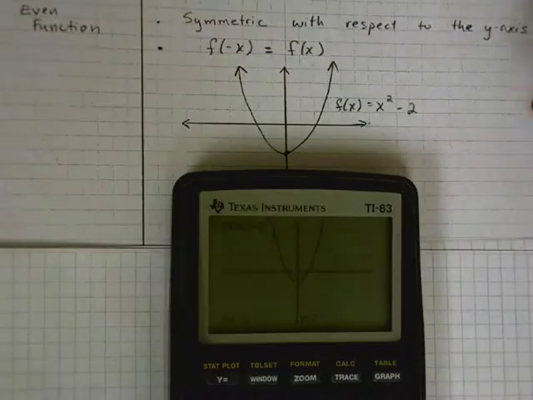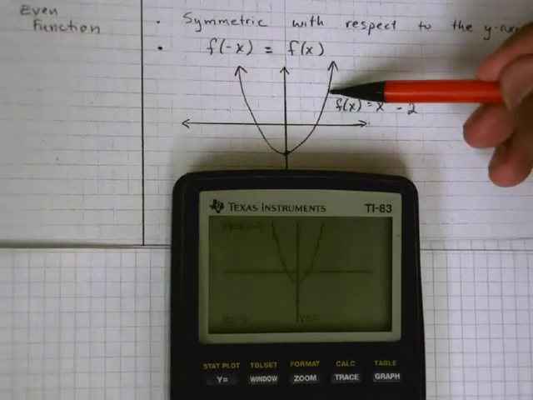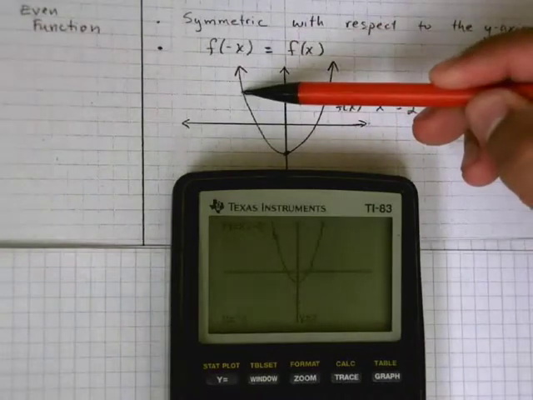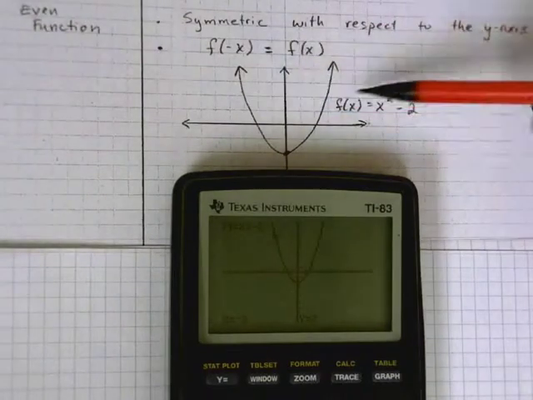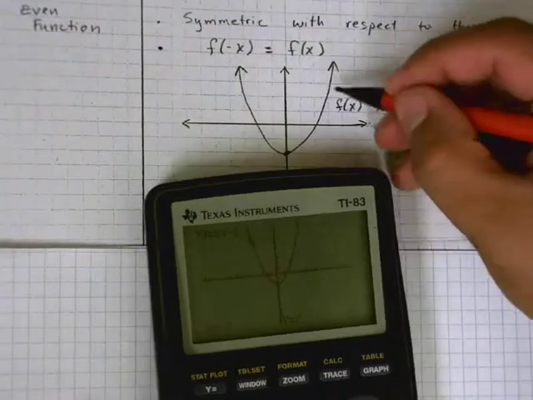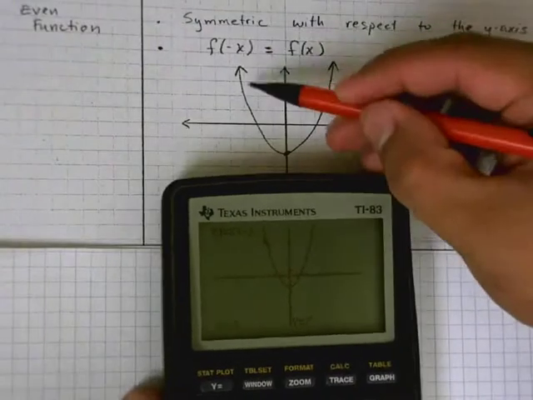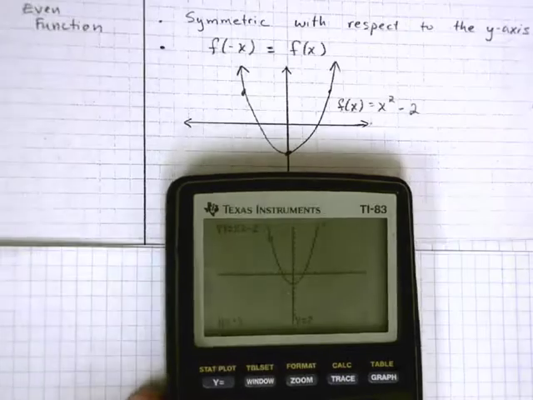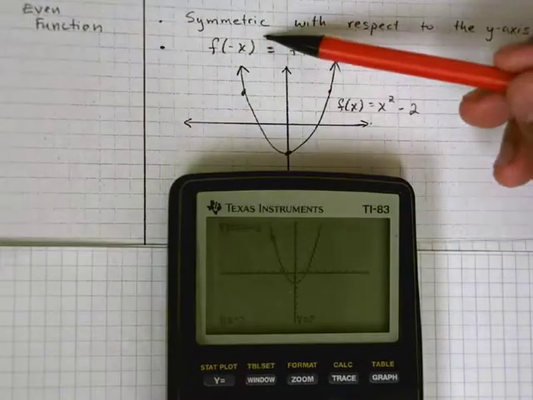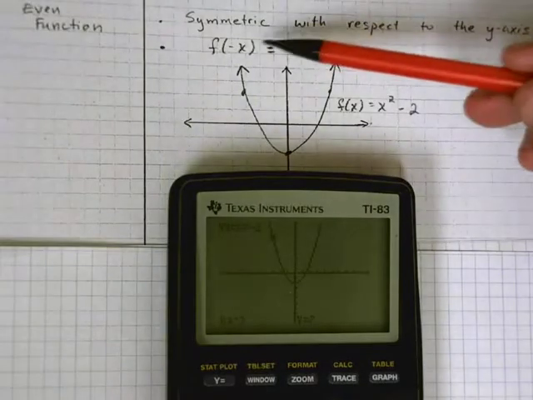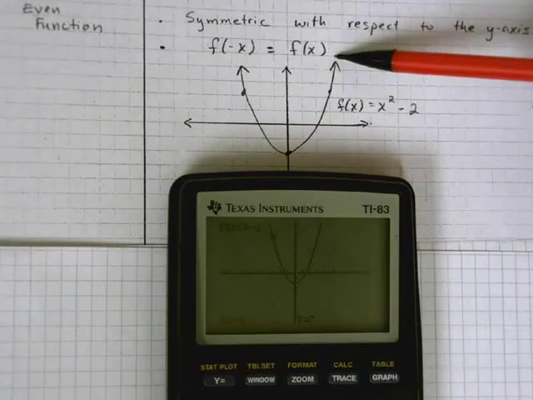So f of 3 might be over here, that's 7. F of negative 3 is going to be on the left side. And if you notice, the y values of these two points are identical. That's what this algebraic statement is saying right here: f of negative x is the same thing as f of x.